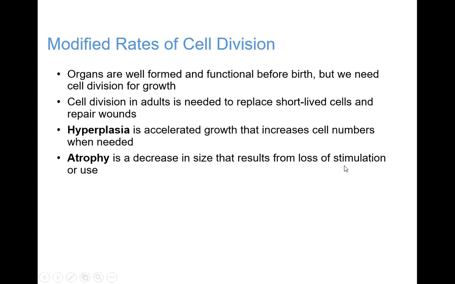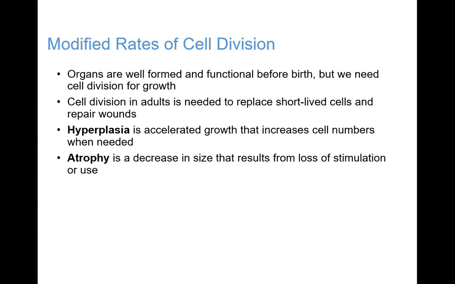So now, problems with cells. We know that all cells except nerve cells and muscle cells are going to reproduce. Skin cells reproduce to replace damage. Scar tissue grows to replace damage in muscle cells, for example.